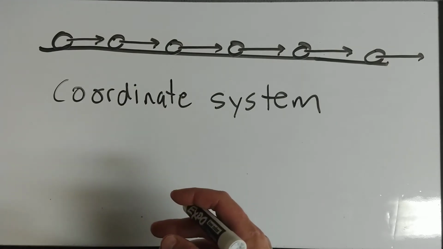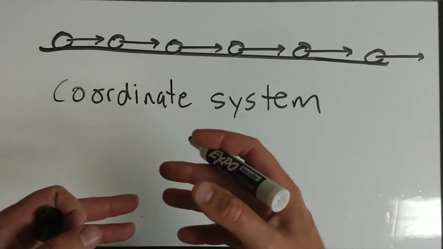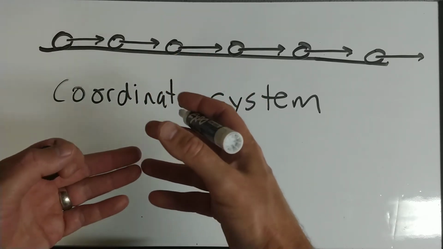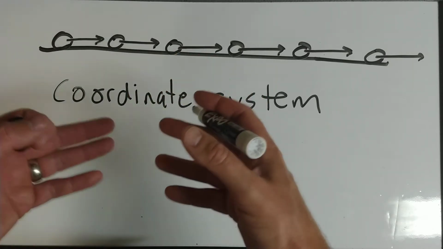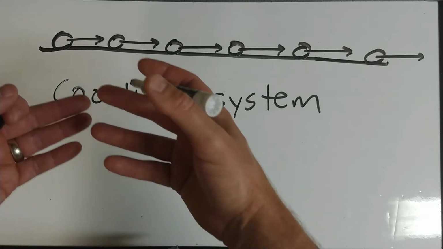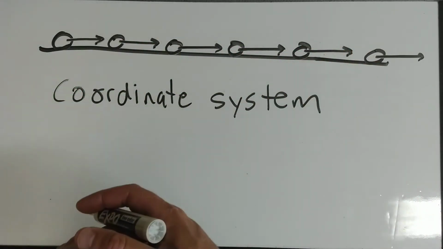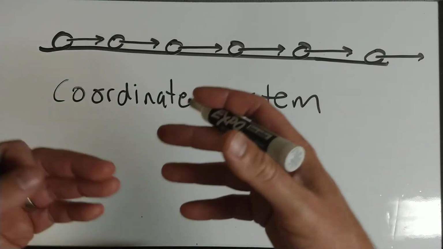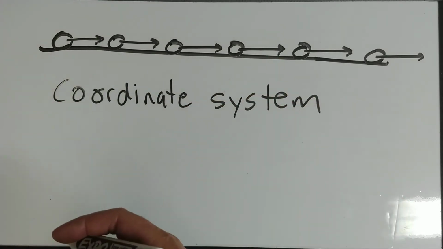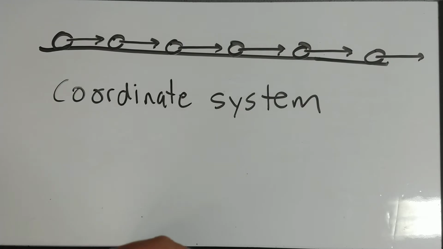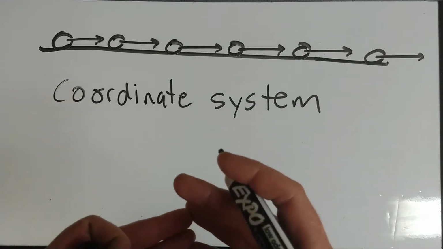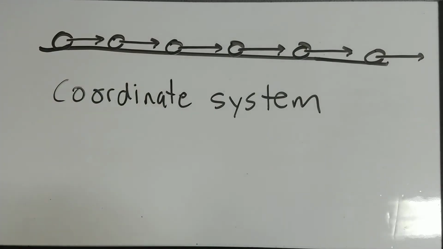Well, it's a way to tell where something is located relative to some point in space, right? We have a coordinate system on the surface of the Earth, right? Latitude and longitude. Maybe you can think of other coordinate systems, right? Battleship, B7, A3. That's a coordinate system.